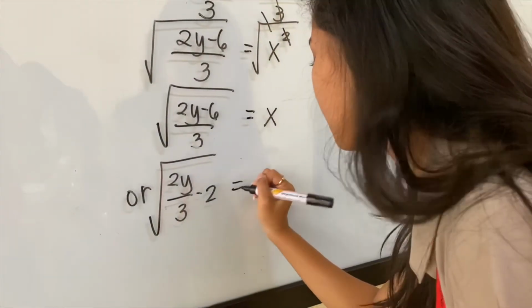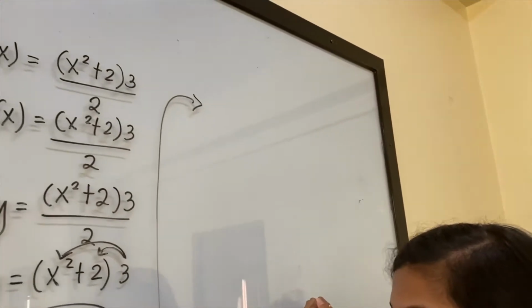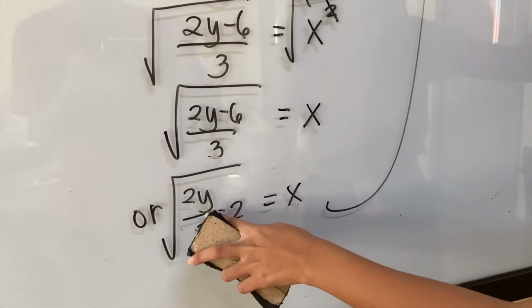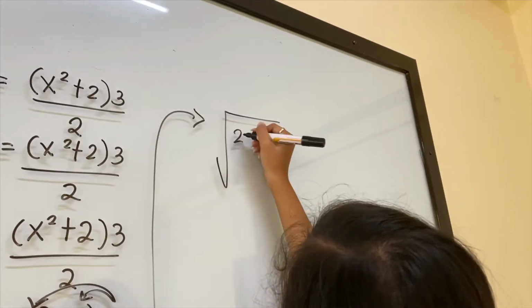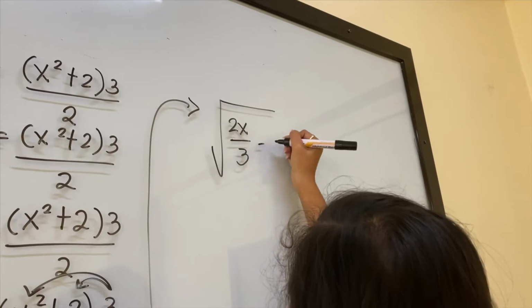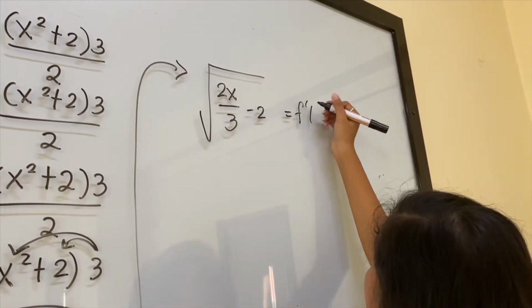Change y to x. You will get the square root of 2x over 3 minus 2 is equal to the inverse function of f of x.